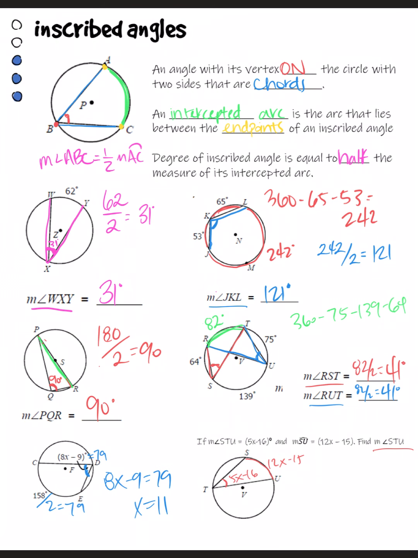I'm going to use my second version of what I said to find this. I know that 2 times my inscribed angle equals my arc. So when I distribute, combine like terms, solve for x, x equals 9.